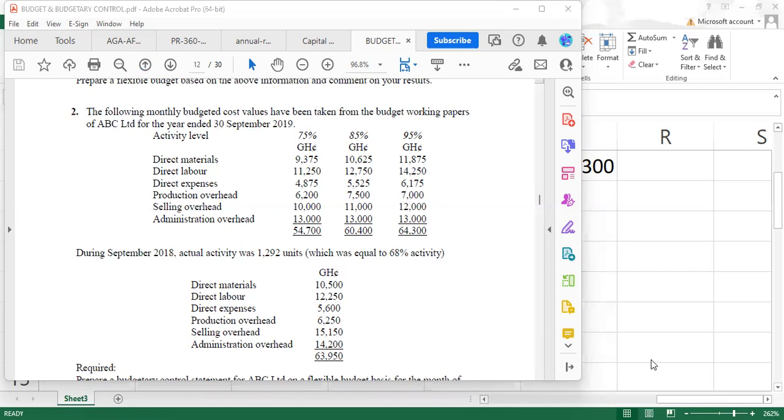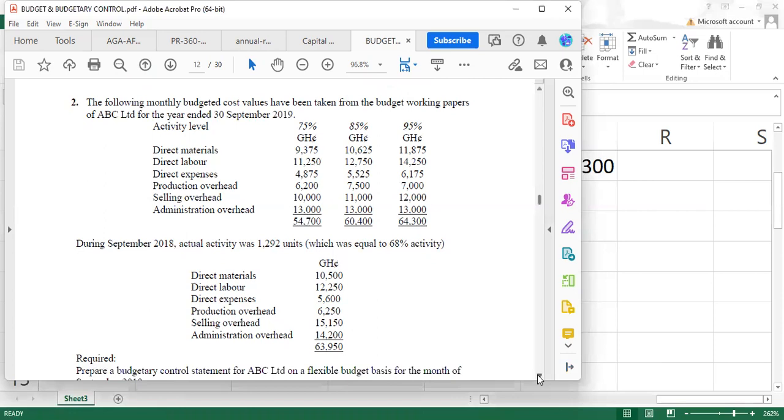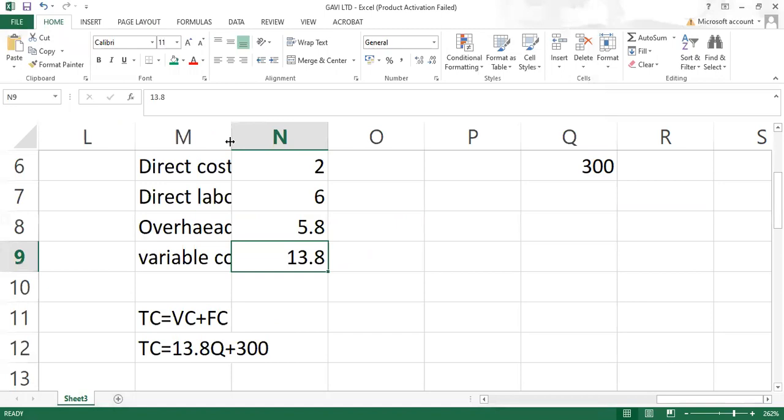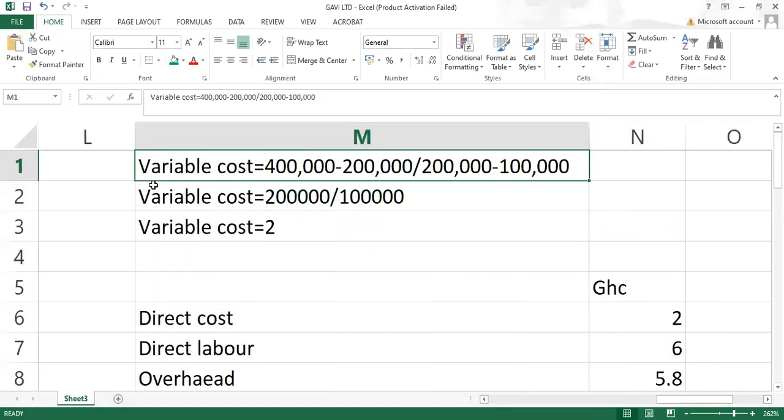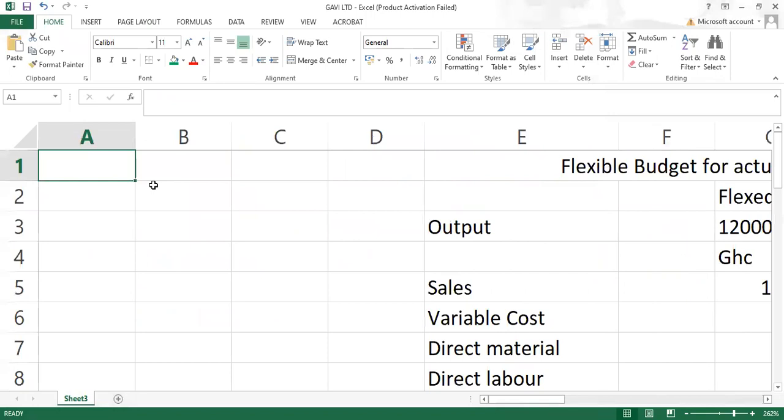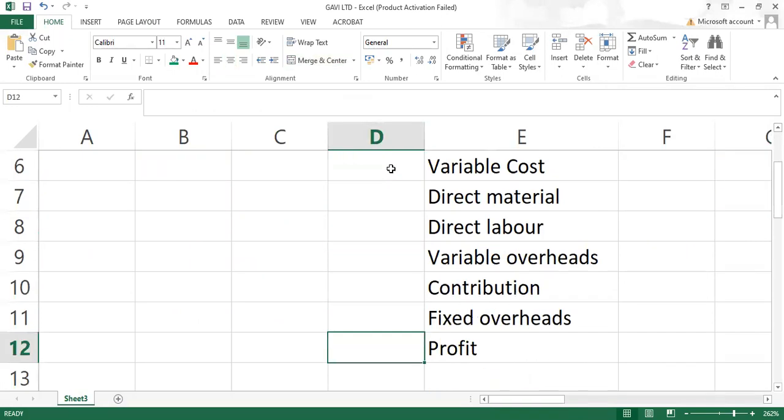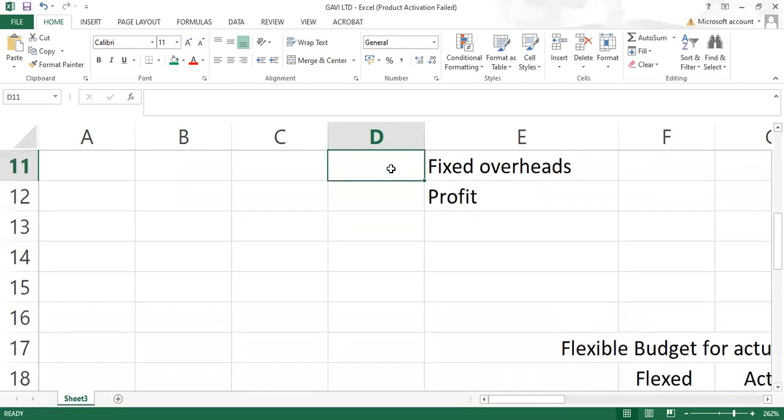Direct material 9,375, 10,625. During September 2018, actual activity was 1,292 units, which was equal to 68% activity. Then we have the direct material 10,500, direct labor, and so on. Required: prepare a budgetary control statement for ABC Limited on a flexible budget basis for the month of September 2019.